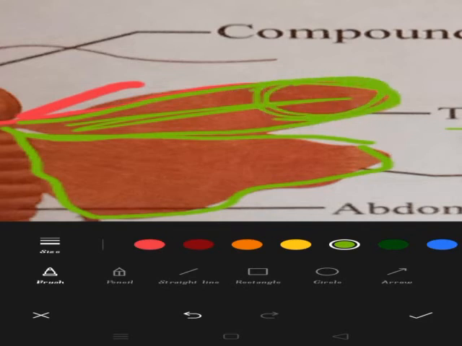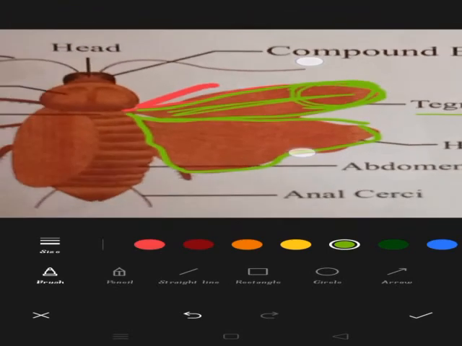The first wing is larger than the second wing.